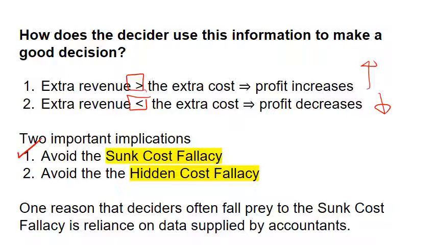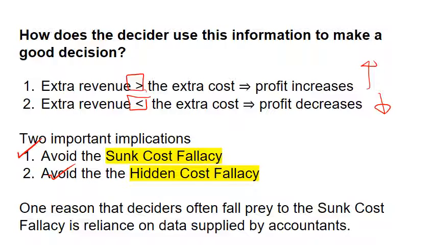The hidden cost fallacy occurs when the decider fails to consider all the extra cost or revenue that the decision would create. One example in the book is switching to cheaper coal without considering that the firm must buy more natural gas to replace the lost BTU. Another example in the book is failure to measure risk accurately.